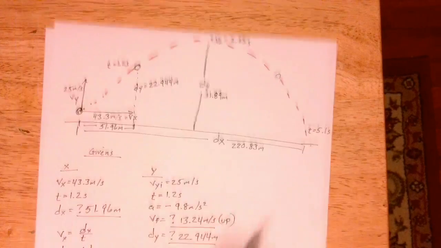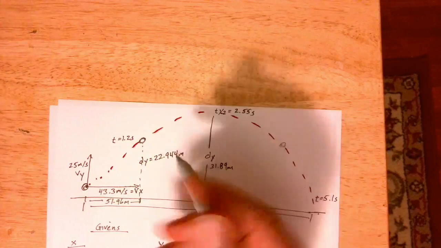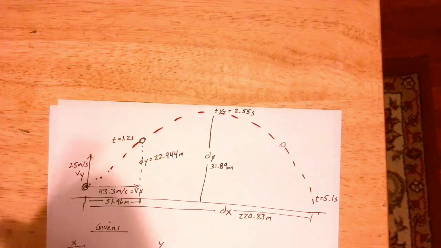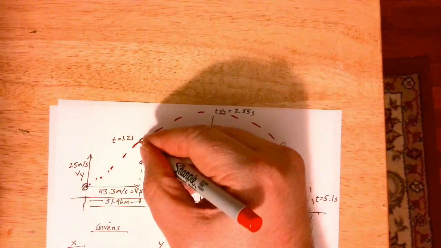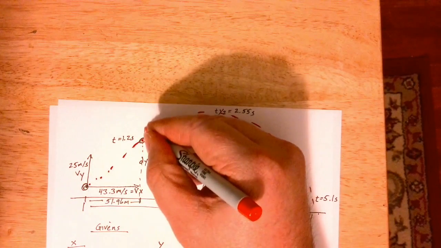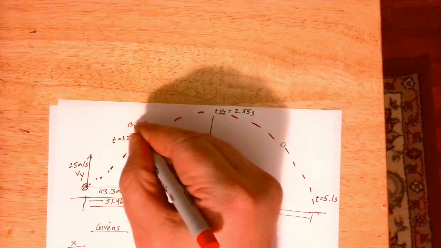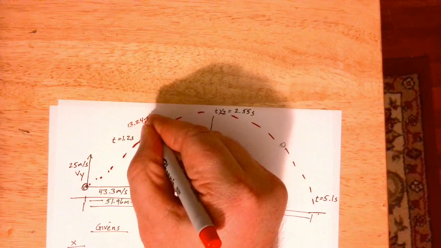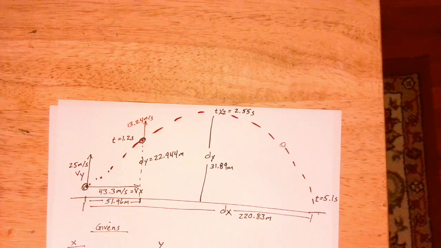So from this, I do know that at this point in time, this vector is going 13.24 meters per second up vertically. But how fast is it going horizontally?